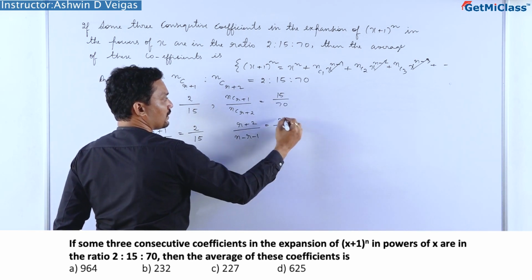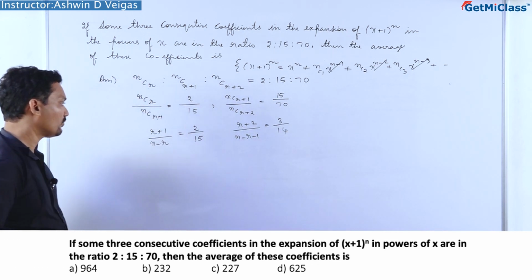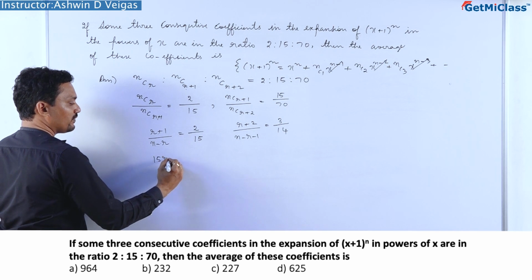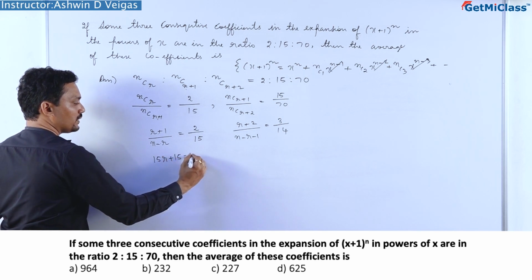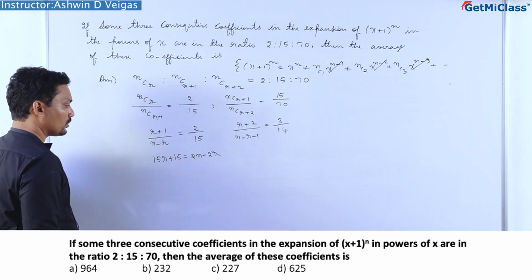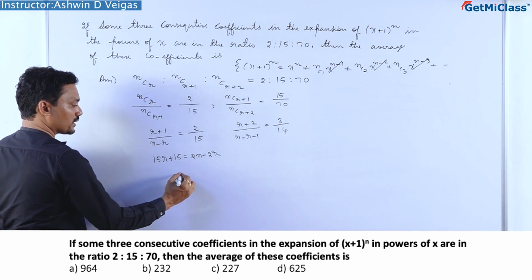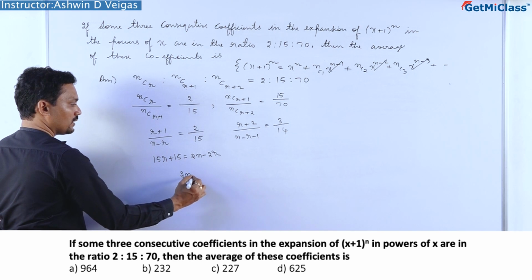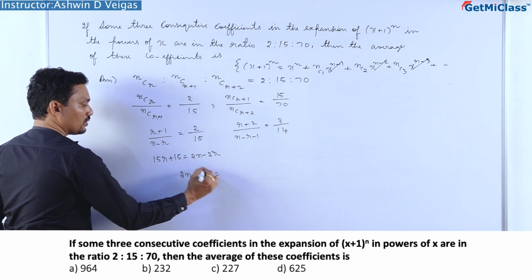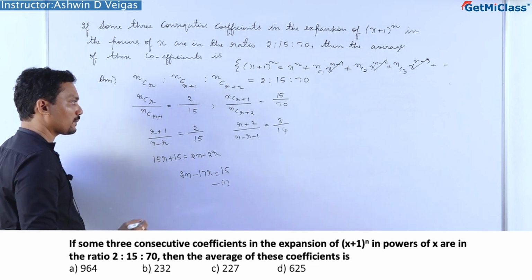5 3s are 15, 5 14s are 70. So, we will get 3/14. Now, if we cross multiply, we will get 15r + 15 = 2n - 2r. If you bring r this side, you can write this as 2n - 17r = 15. So, you will get one equation here.